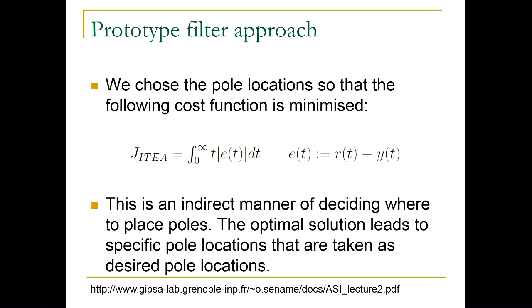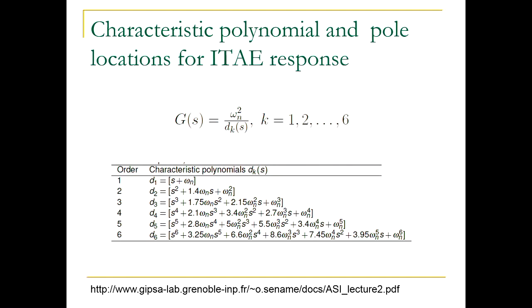All right. In this case, for this particular value of the cost function, you can come up with characteristic polynomials for systems of different order. So how should you read this table? You tell me the natural frequency you want to achieve, right? Then you simply plug that natural frequency into these polynomials. If you want to have a closed loop system of second order, that's the polynomial. You need to choose the natural frequency.